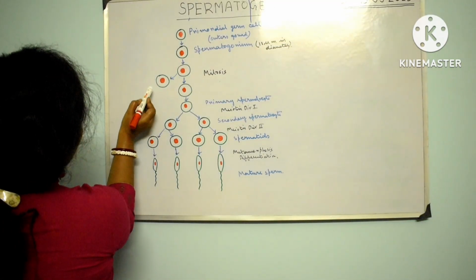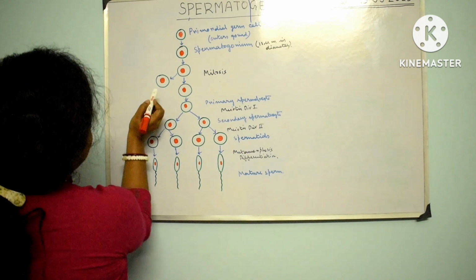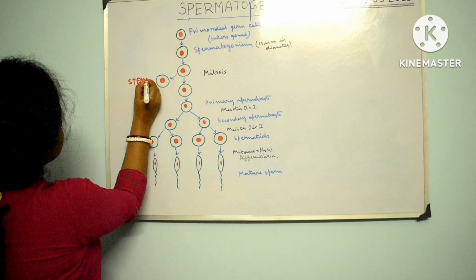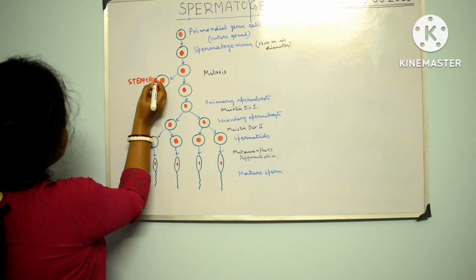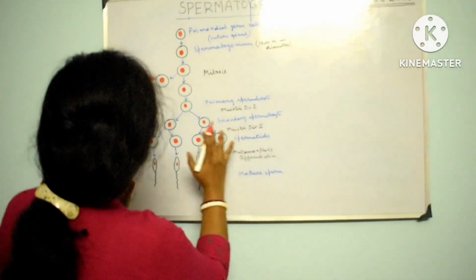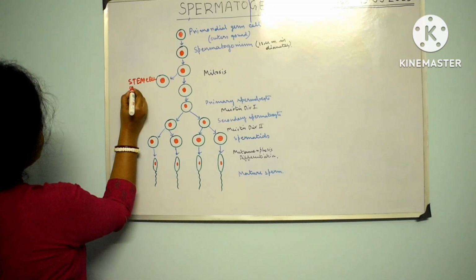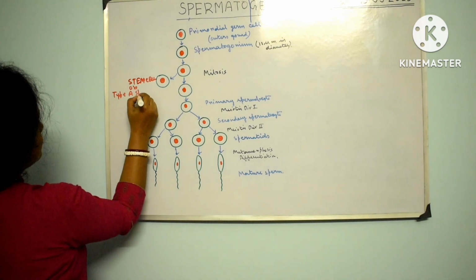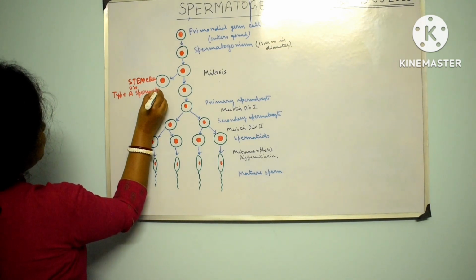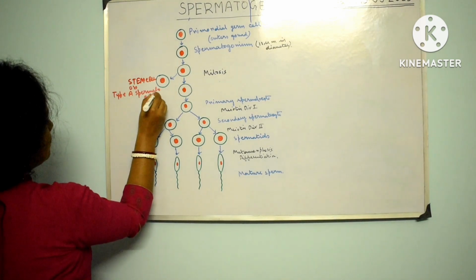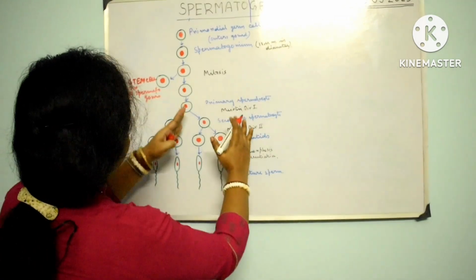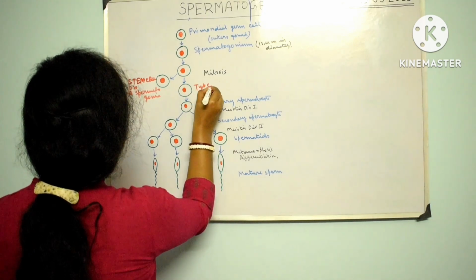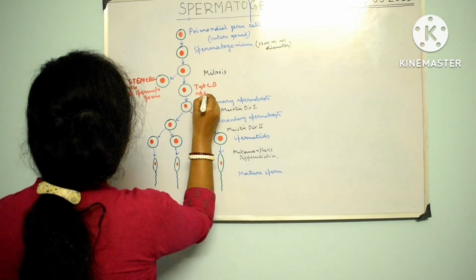Some of them continue as stem cells, which cannot participate in the whole process, and this one is called type A spermatogonia, and this one differentiates into a progenitor cell, called type B spermatogonia.